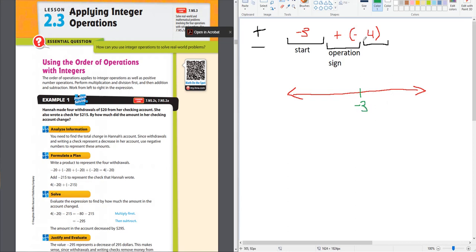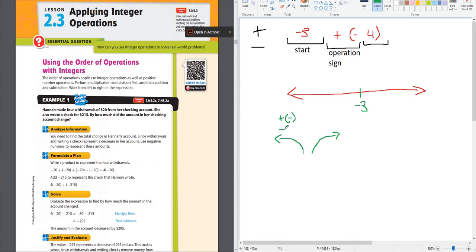Now, for your operation sign, this tells you which direction to go. For those of you who might remember, I always like to use this little chart here, and it really helps to have it next to you when you're doing these problems. It makes things easier to remember. If you're adding a negative number, you should go to the left.